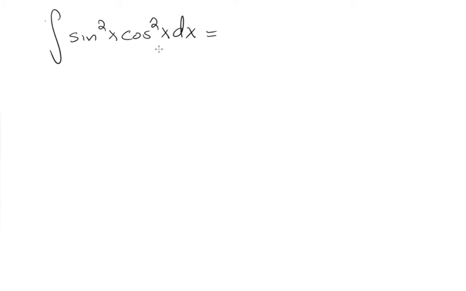for example here, notice that we can use some identities to simplify this a little bit. You can use the reduction identities, right? You guys want to use the reduction identities? So this would be the integral of, what's sine squared? Sine squared is 1/2 minus 1/2 cosine of 2x, right?